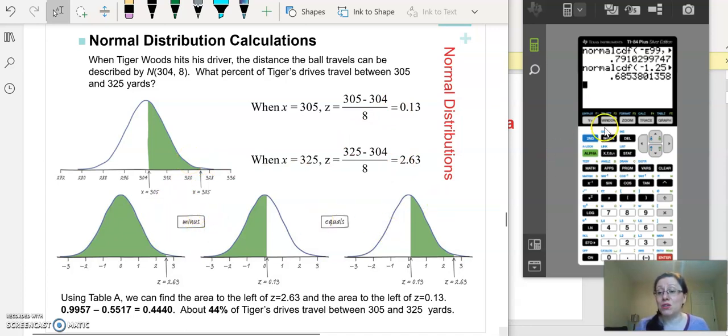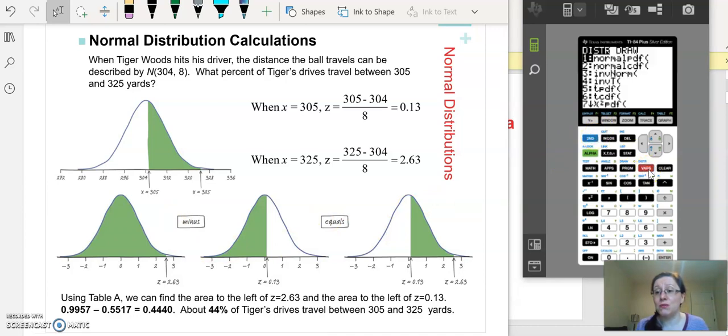But because we can use a calculator, we will do second distribution, right? And we're going to choose number 2. Now remember, the way we figure out z-scores is by following the formula. The value that we have, right, minus the mean, which is 304, divided by standard deviation. And that's how we got this value, right? So the lower bound here for z-scores is 0.13, right?